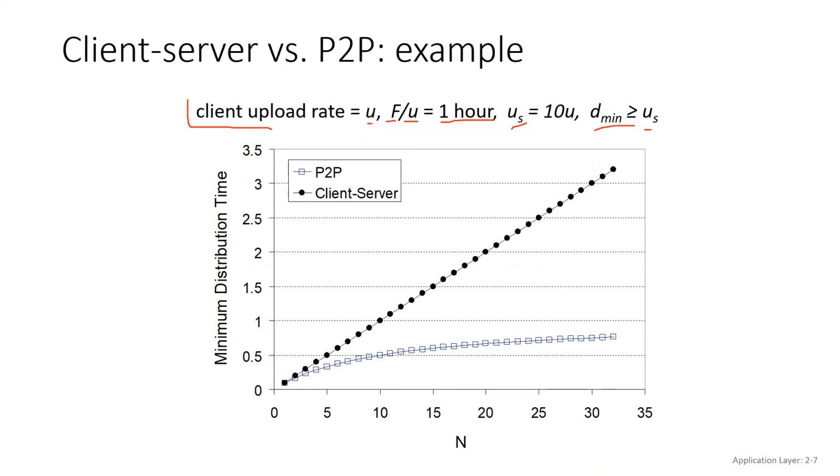So as a question that I will ask you in the quiz, what is the minimum distribution time of a client-server application, and of the peer-to-peer application, when n equals 15?